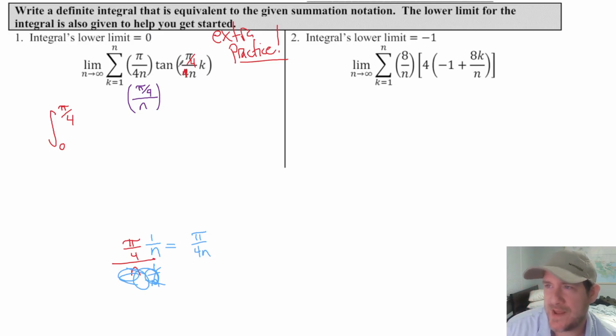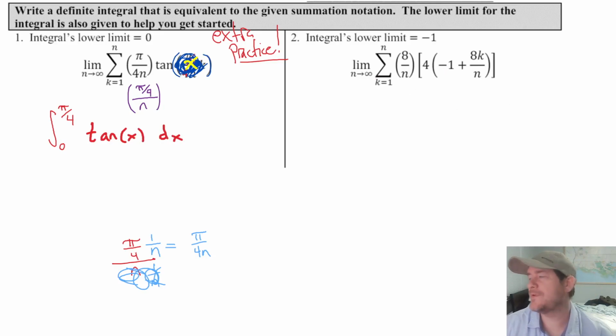Now there should be an a plus here, but the a is 0 anyway. So if everything in parentheses was 0 plus pi over 4 over n times k, then all that stuff is just our x value. So again, this is a super simple integral. It's just going to be the integral of tangent of x dx.